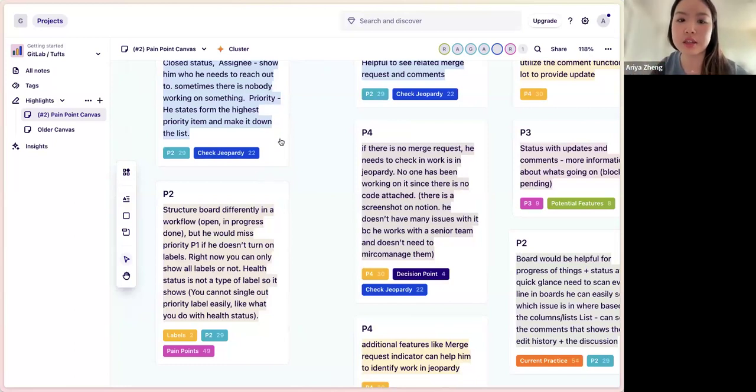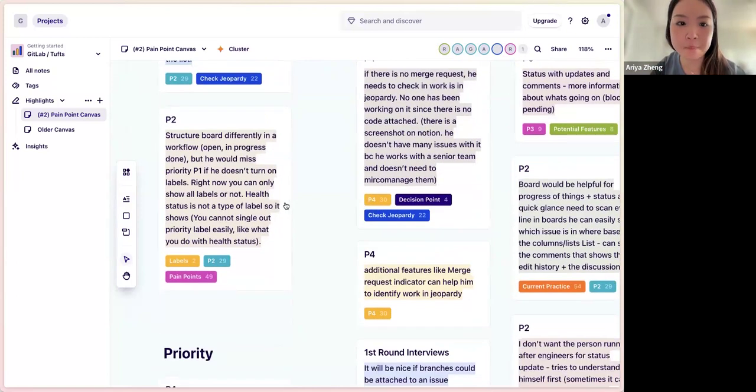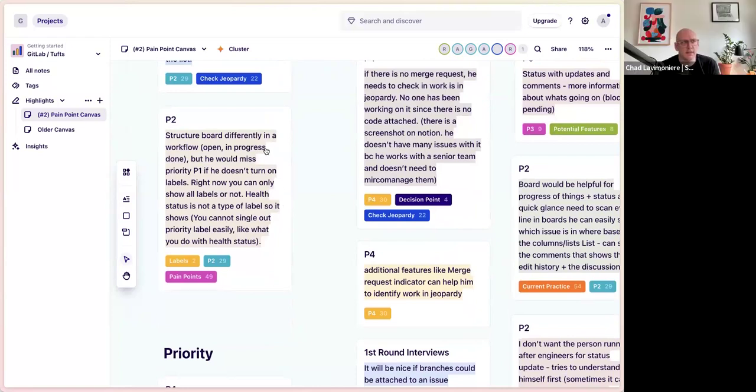Another interesting thing is that at least two PMs that I interviewed like to convert the Kanban board into a list format. Can I ask a clarifying question? What do you mean by that?